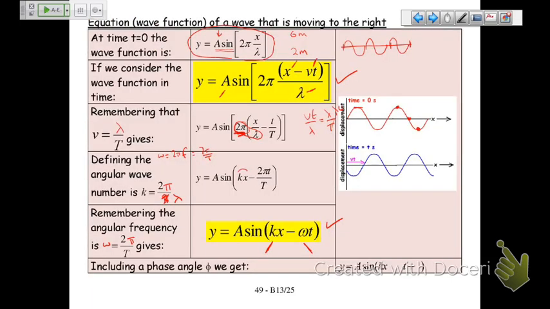In that derivation, I made a fundamental assumption that need not always be true, but it is in this case, and that is my starting shape for the wave.